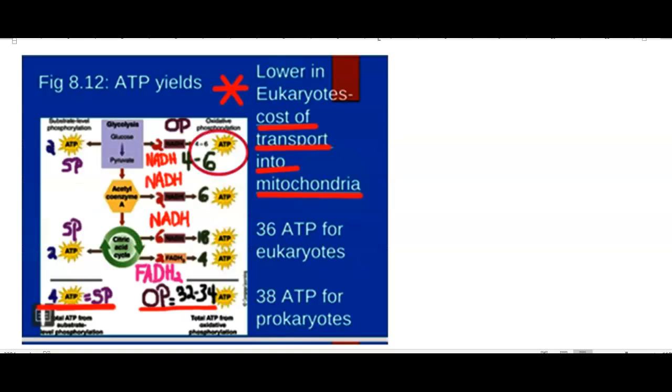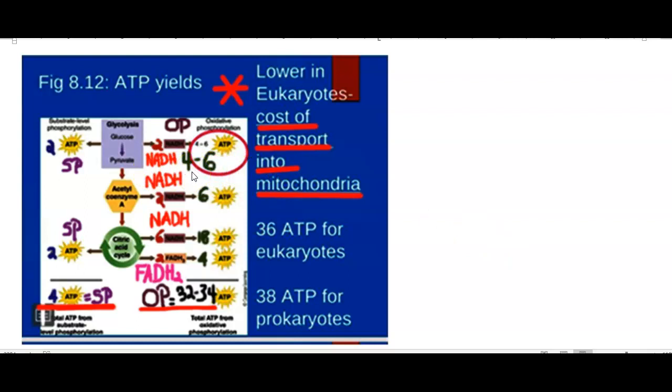Even if you can't see this picture that well, I just want you to focus on this part here with the red circle. So the amount of ATPs, right here, 38 ATPs for prokaryotes, 36 for eukaryotes. And that is because the prokaryotes do not have a mitochondria. Look at this 4 to 6.